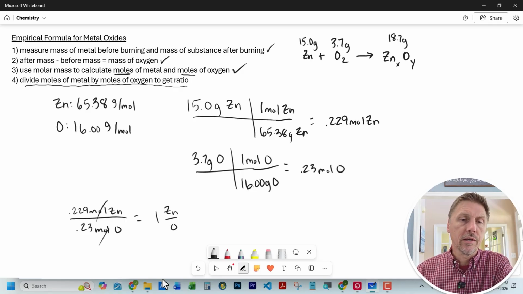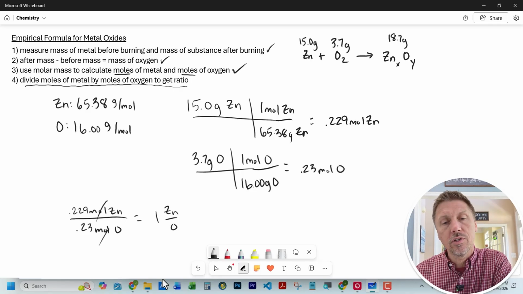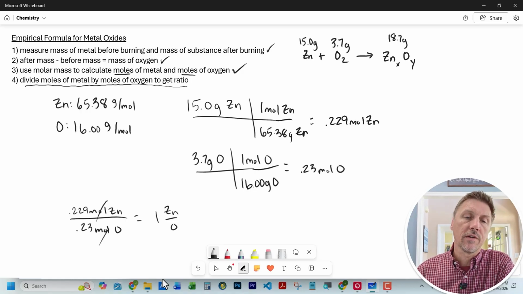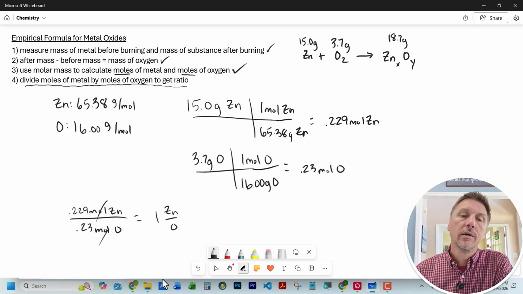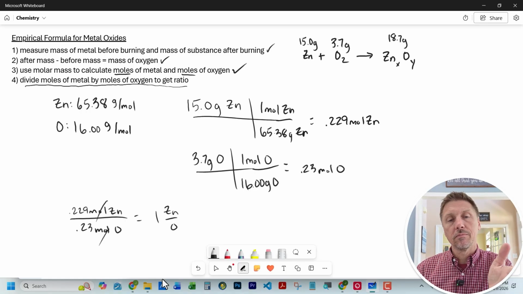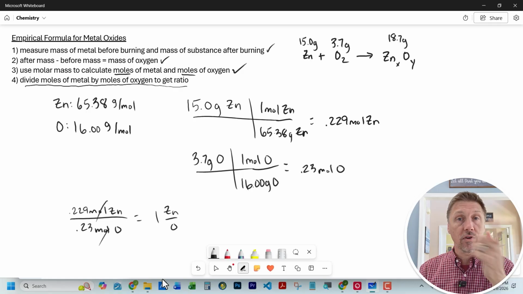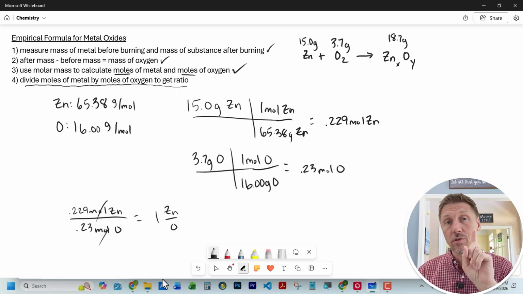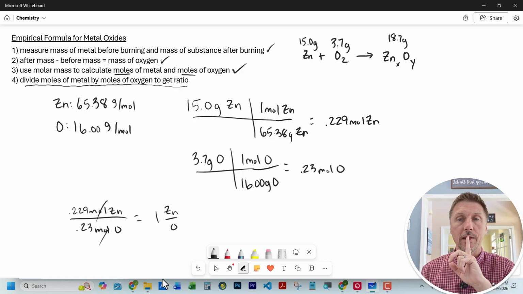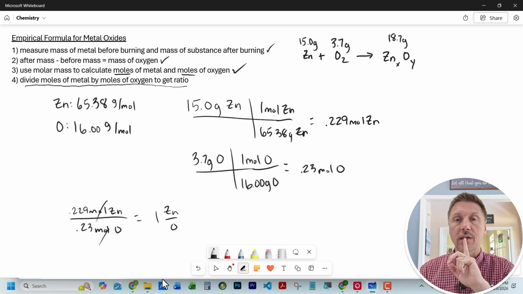Moles is going to cancel out here. So what we're left with is zinc over oxygen. And so what this tells us is that there's a 1-to-1 ratio between zinc and oxygen. All right. So for every 1 zinc atom, there's also going to be 1 oxygen atom. And so then the formula for this guy is simply zinc 1, oxygen 1.